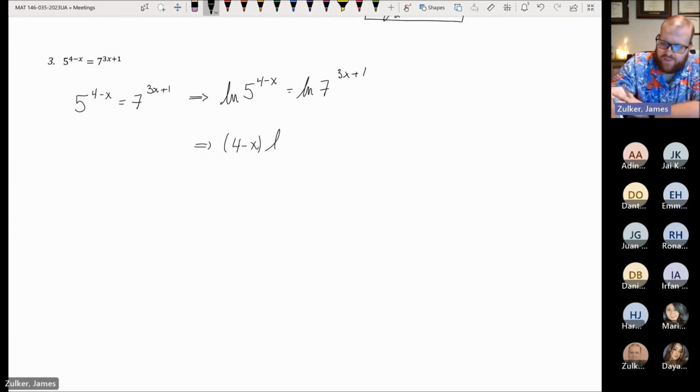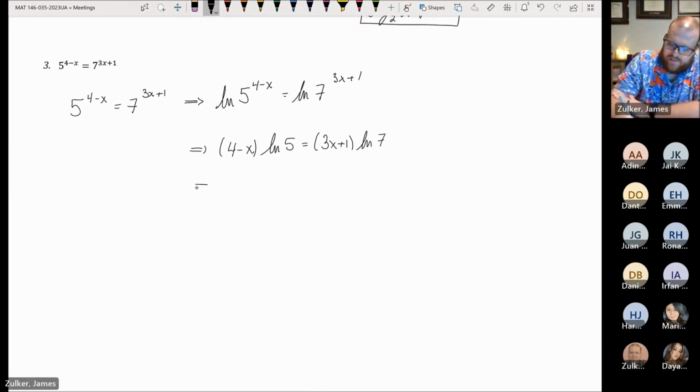Now use laws of logarithms. Distribution.